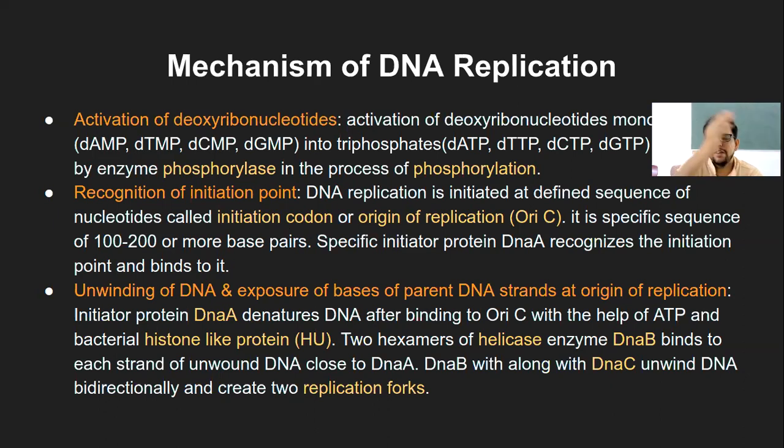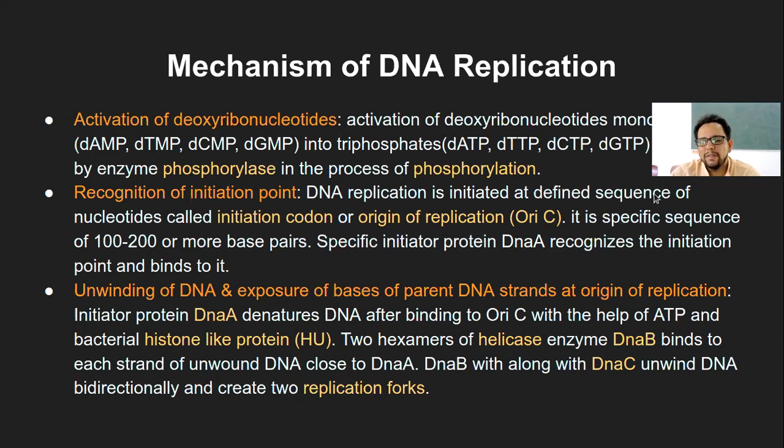So it's like a scanning mechanism over the DNA fragment. It will go and bind to what we call ATG, which is the first initiating or starting codon. Along with that, there will be certain specific sequence.